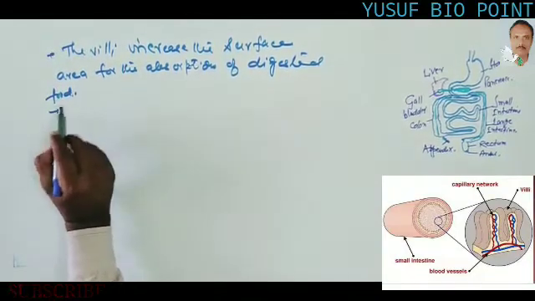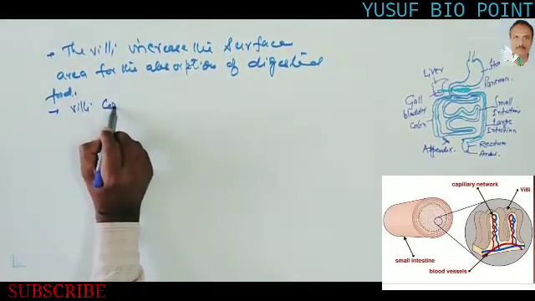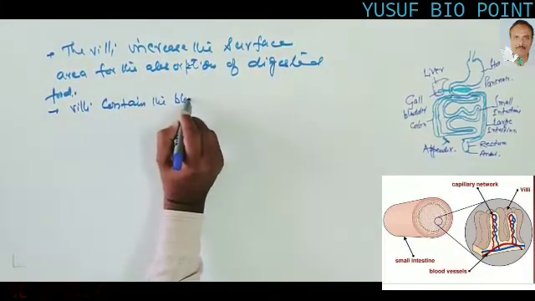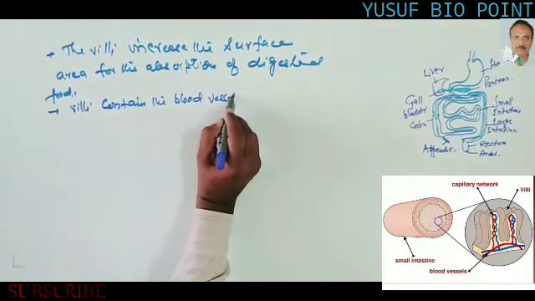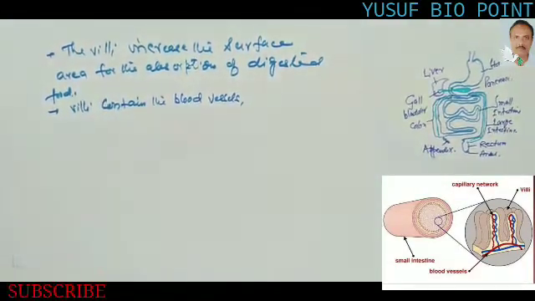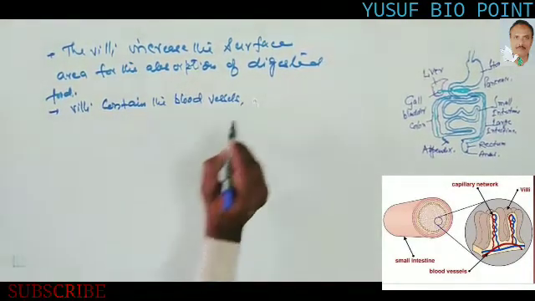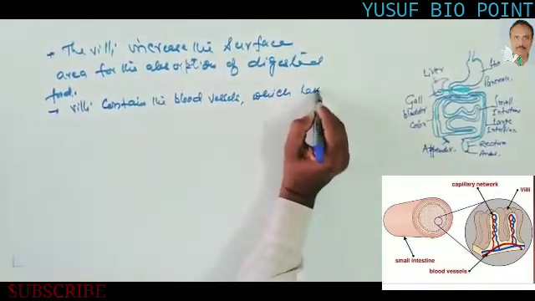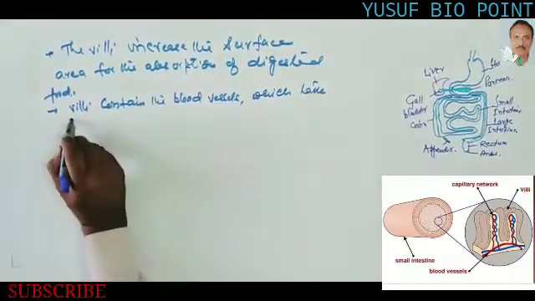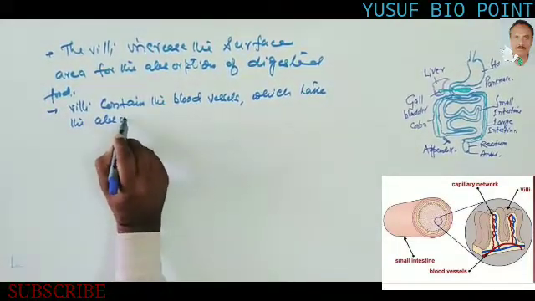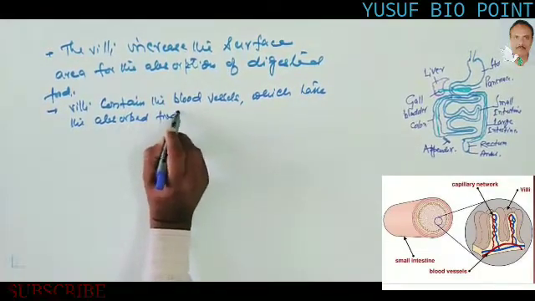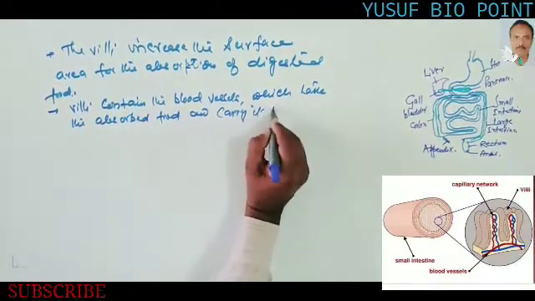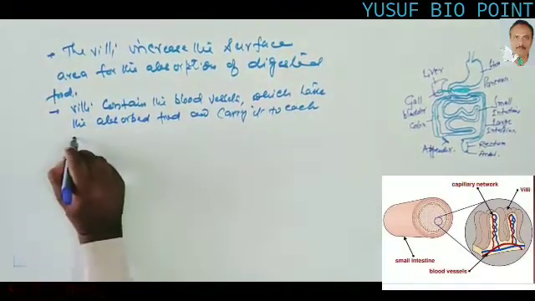Second, villi contain the blood vessels which take the absorbed food and carry it to each cell.